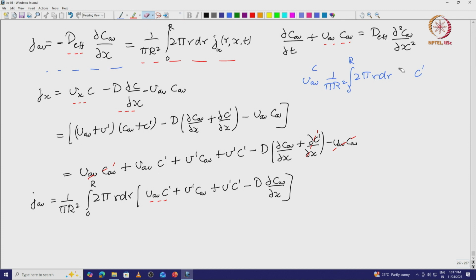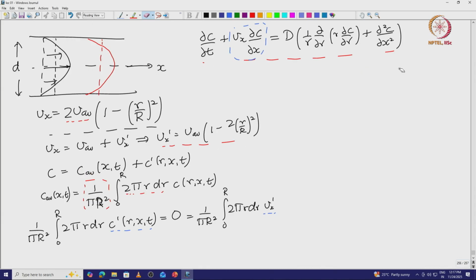And this integral of c prime over the cross section is 0. We had just seen that we had defined the concentration in such a way that the integral of c prime over the cross section is equal to 0.